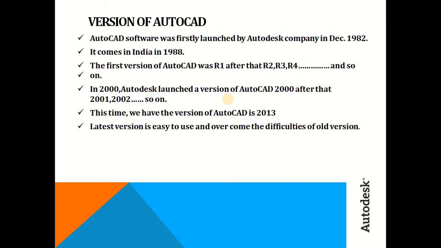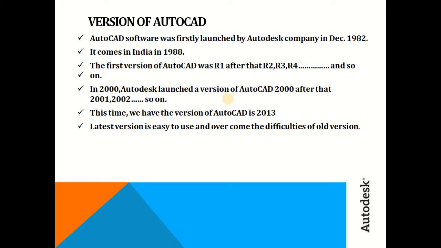Versions of AutoCAD. AutoCAD software was firstly launched by Autodesk company in December 1982. It came to India in 1988. The first version of AutoCAD was named R1, and that is a revised version, R2, R3, R4 and so on. In 2000, Autodesk launched a version of AutoCAD 2000.